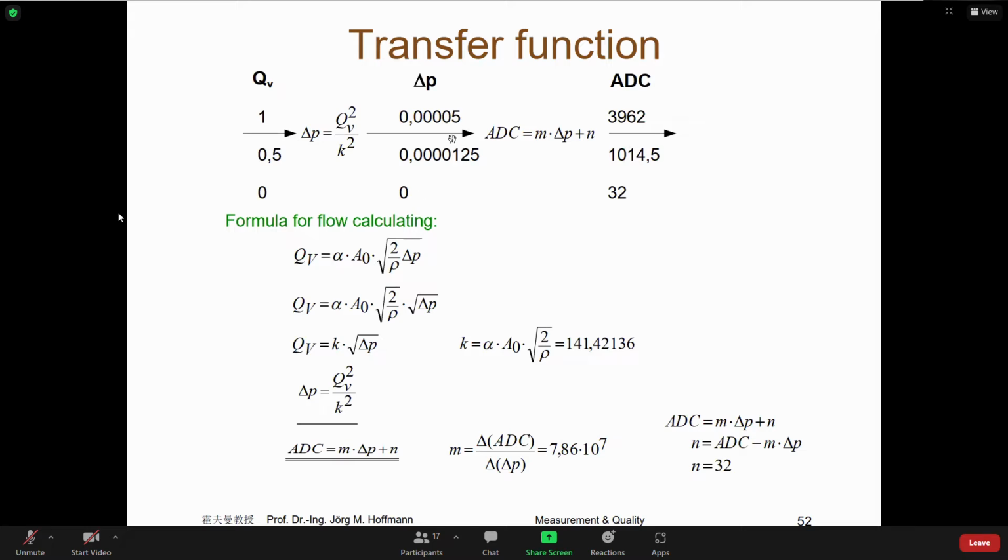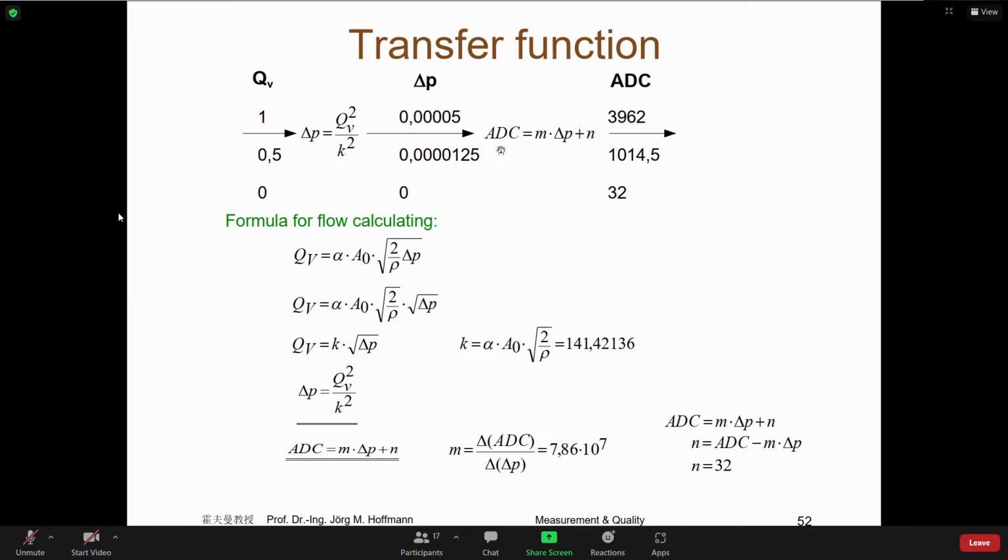And here you can already see that this is nonlinear. You see here the power by 2 function. Otherwise, if it would be linear, it should be in the middle between 0 and this upper value. But it isn't, caused by this nonlinearity in the dependence of the pressure on the flow.